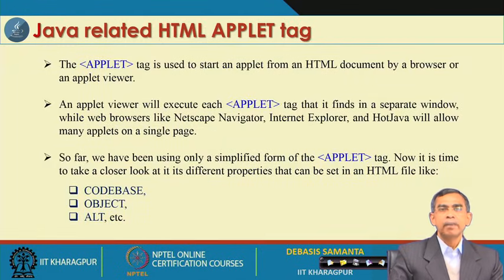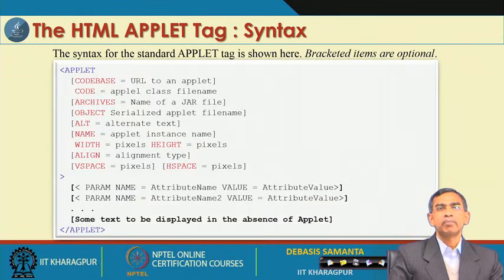Now, see, whenever applet code was initiated initially, it had many other parameters for the complete specification of the applet. Some specifications are optional and some are necessary. Those that are optional are written in square brackets.